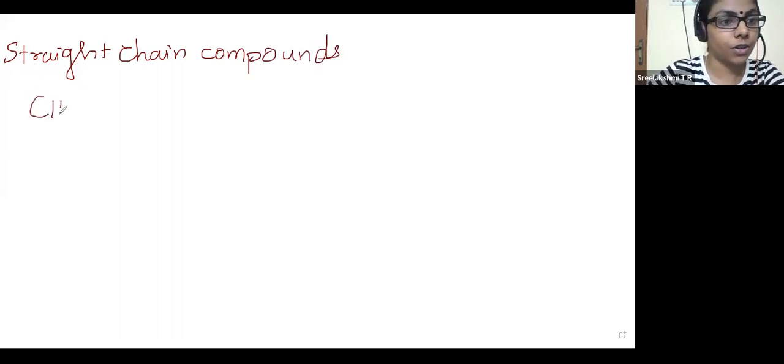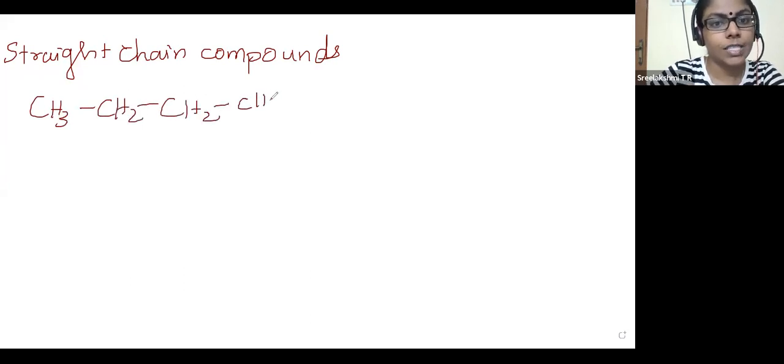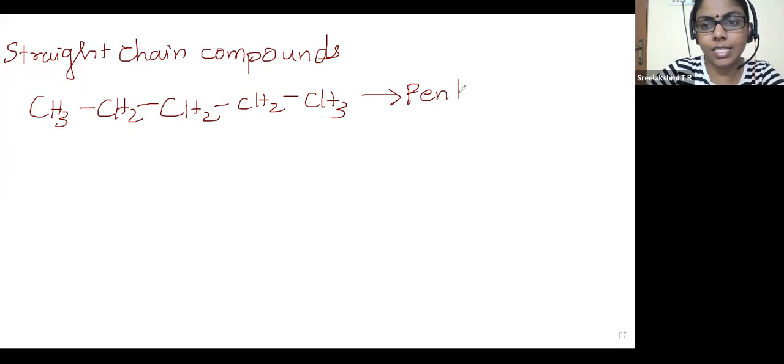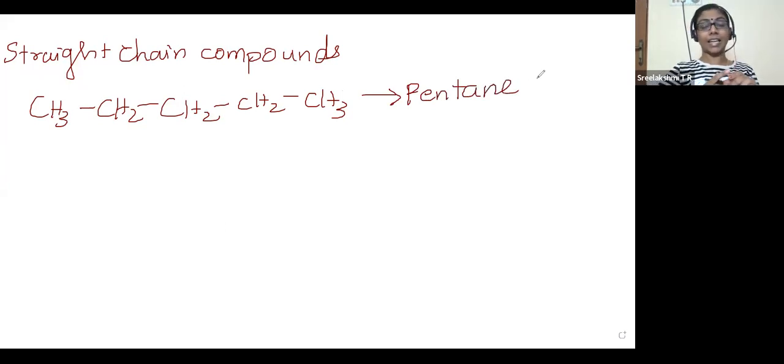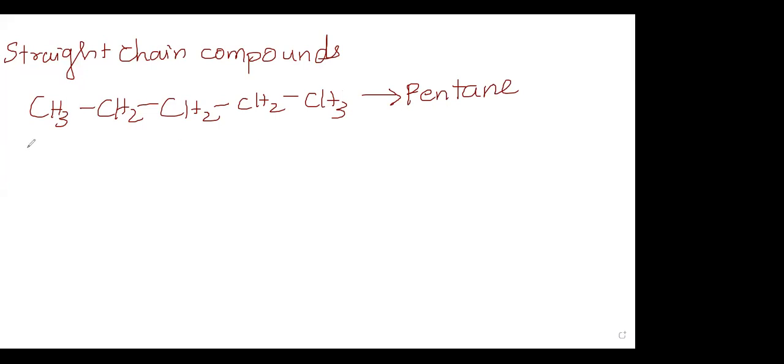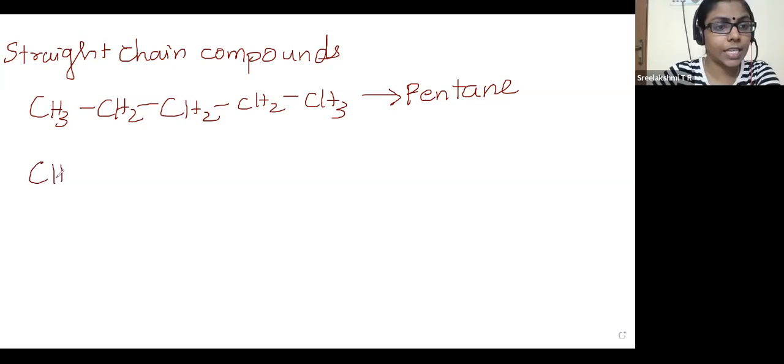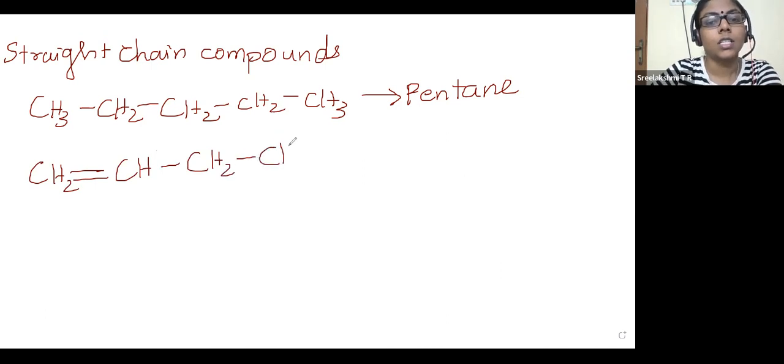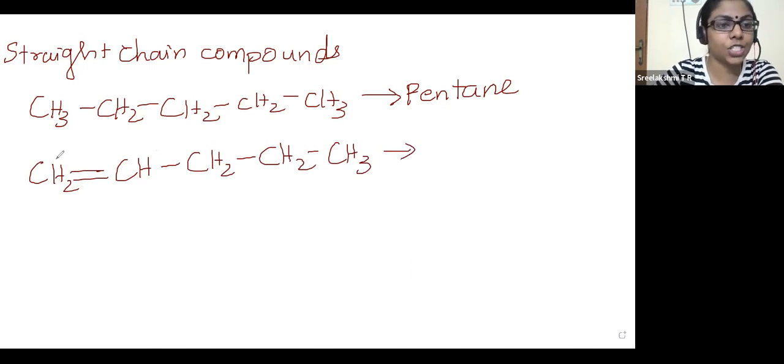So one of the examples is CH3, CH2, CH2, CH2, CH3. It means simply pentane. You understand that, right? Because ane means it is an alkane, so it is ane in the last, and 5 carbon atoms are involved, so pent in the first, isn't it? Srihari, are you able to follow? Yes, ma'am. Next one is CH2 double bond CH2, CH2, CH3. So here, this first position, 1, 2, 3, 4, 5.